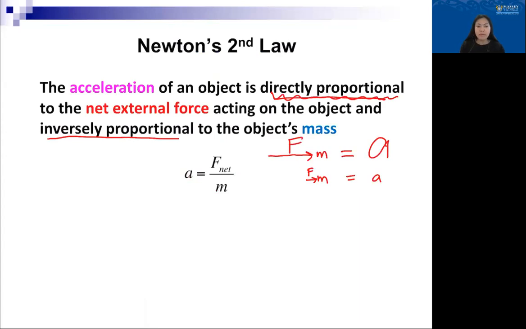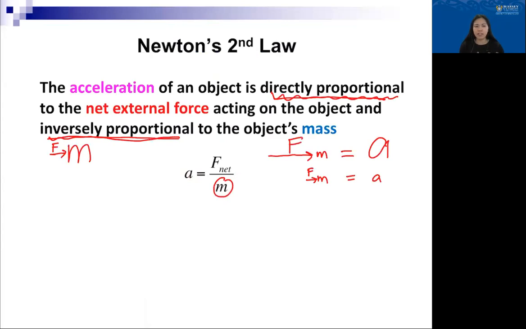What do we mean by inverse proportionality? That's with respect to mass. If you have a big mass, a very heavy object, and you're applying some force on it, will you get a large acceleration or a small acceleration?